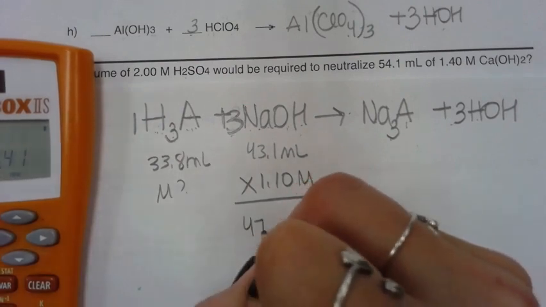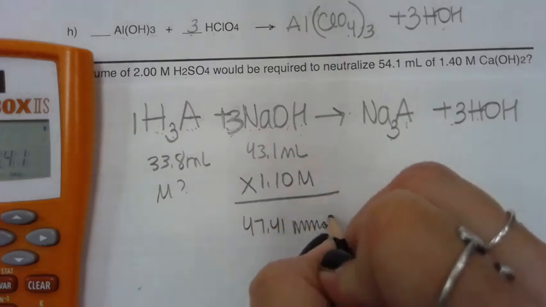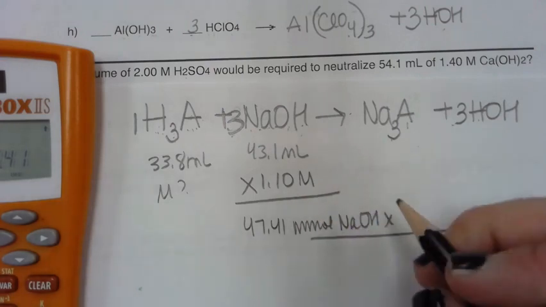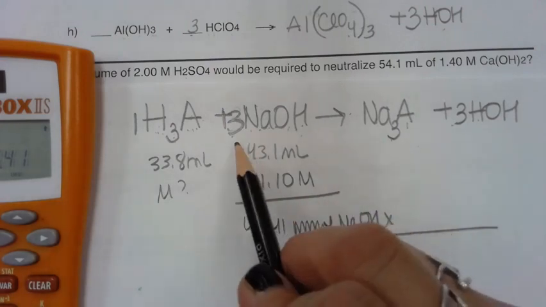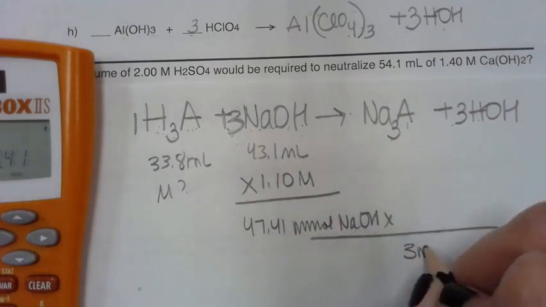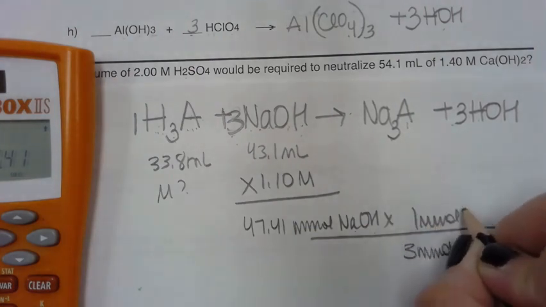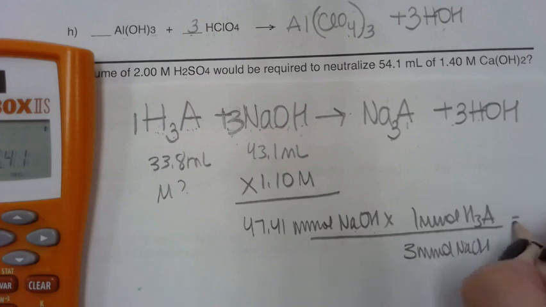I have 47.41 millimoles of my NaOH times the mole-to-mole ratio. Okay, I've got a 3 in there, top or bottom. It's going to go on the bottom, to 1 millimole of the H3A.